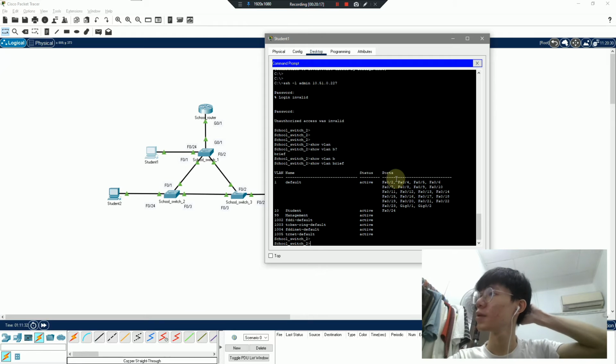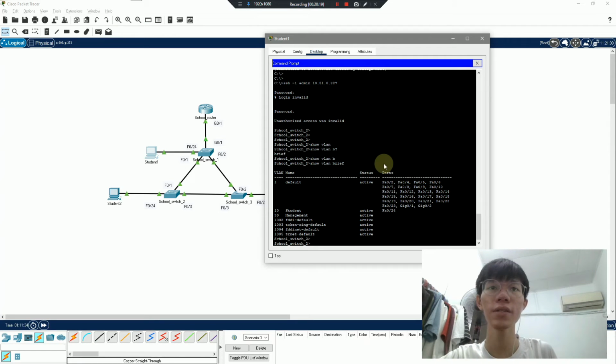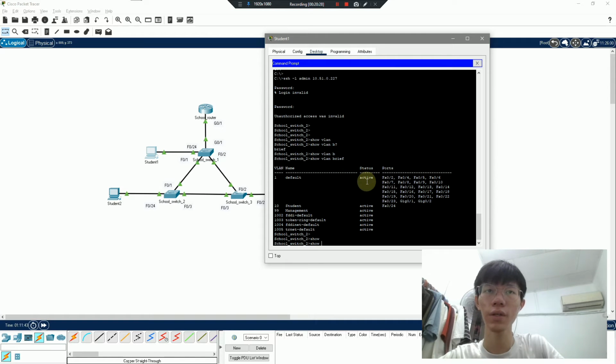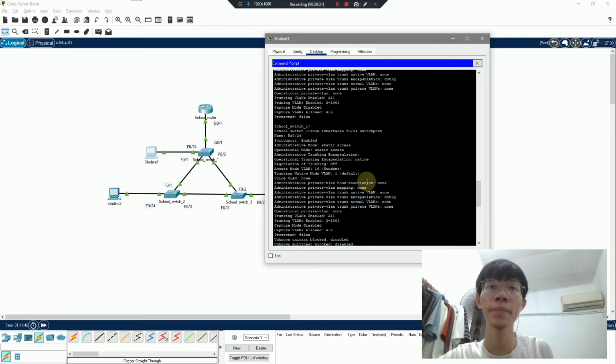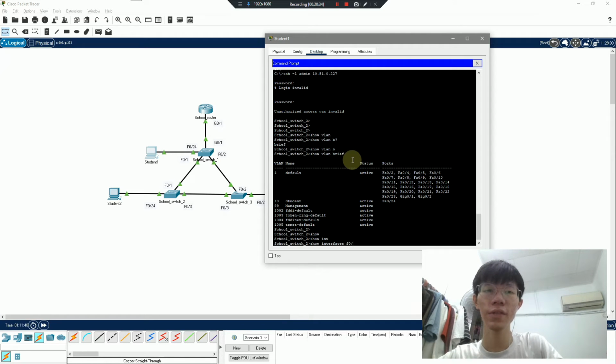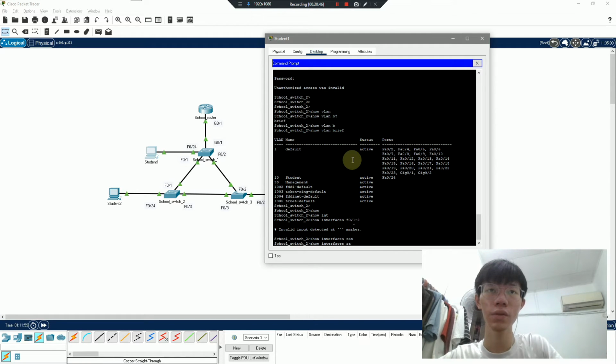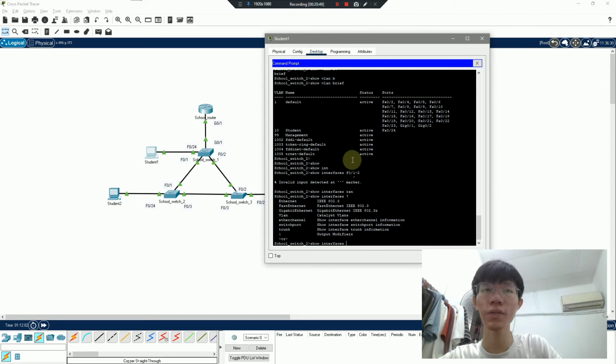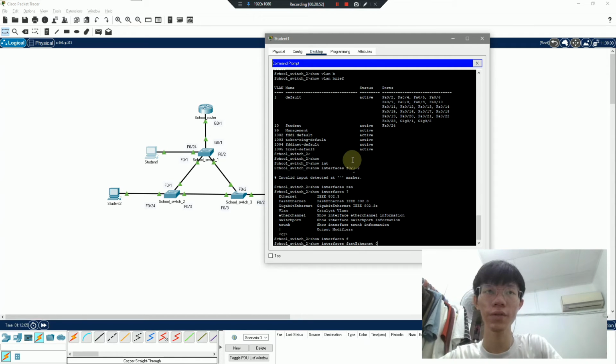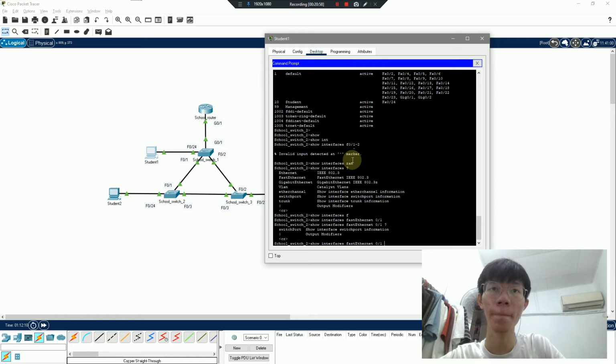And the next is show interface range, interface FastEthernet 0/1 switchport.